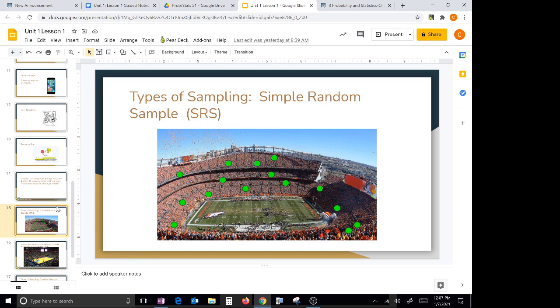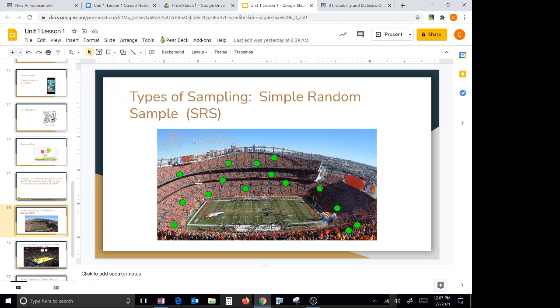Basically you can think of it as kind of like pulling numbers out of a hat. If we were at Bronco Stadium and we were just surveying people, we would take everybody who's here, assign them a number, and then randomly pick out numbers.